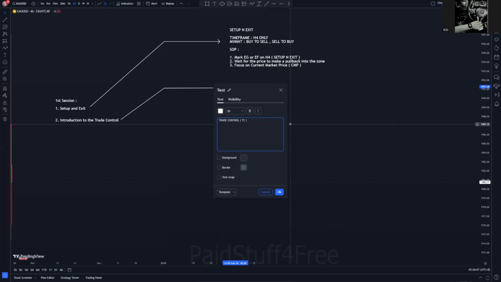In this session, we're just going to discuss the basic one, and then we're going to go deeper in our next session, which is going to be the second session.